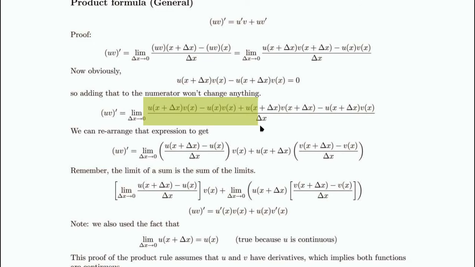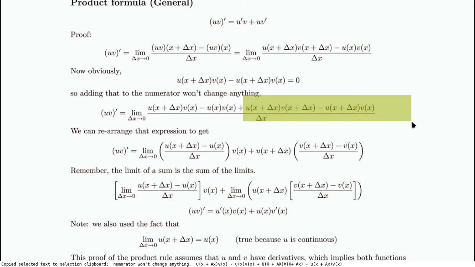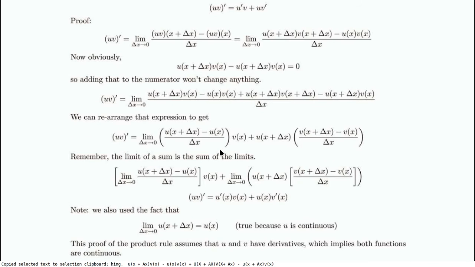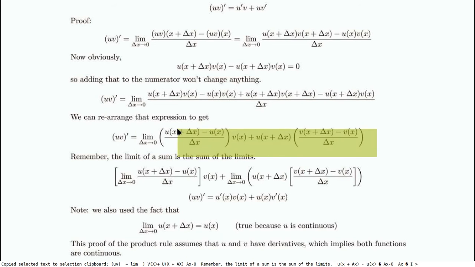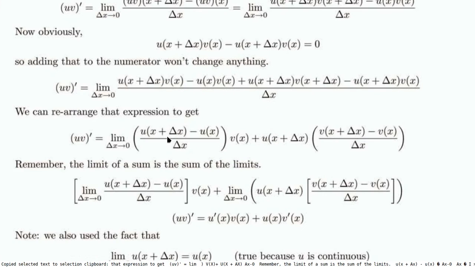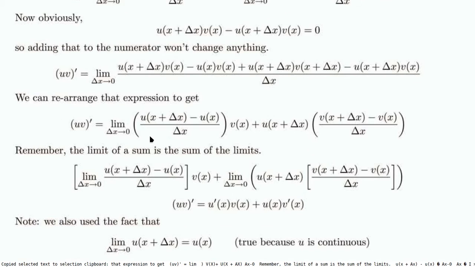So you have this plus this. Now you can take v of x common and a few other things common, and you'll get this. This is just a trick to manipulate and get to the point we want.